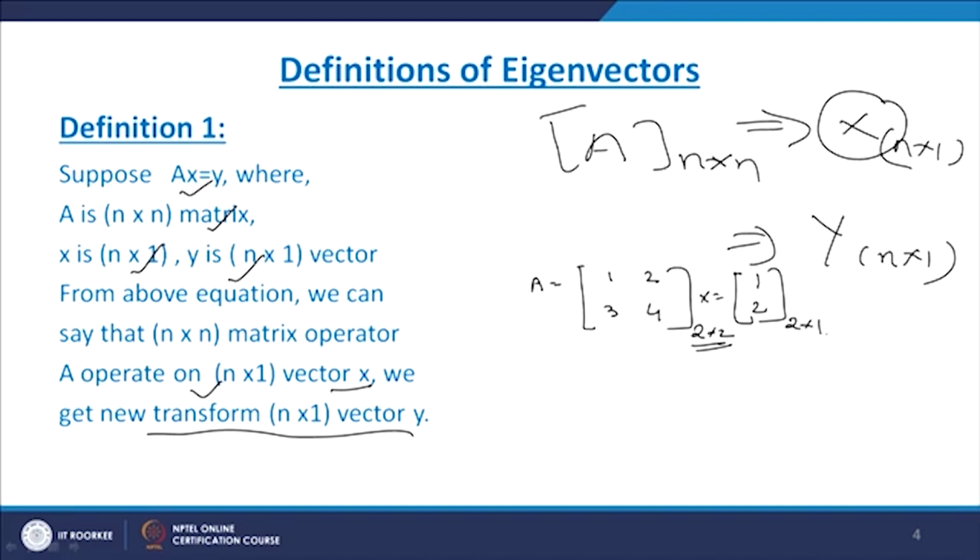Now what output will we get? Output y is nothing but the rows operated on the column. Here 1 times 1 plus 2 times 2, 1 plus 4, we get 5, and this row operated on this column gives 3 plus 8, 11. That is, y is 5, 11.